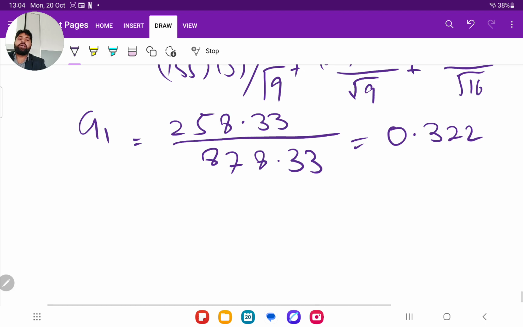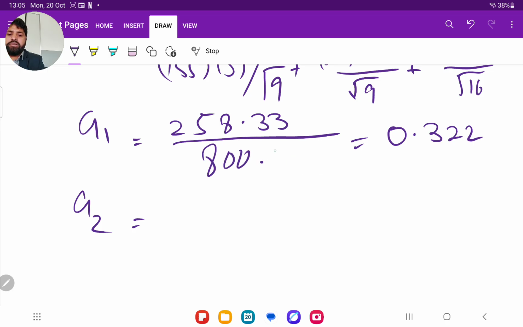Why I did the denominator separately is because the same denominator will be used later on. For example, A2. The denominator is 800.33.